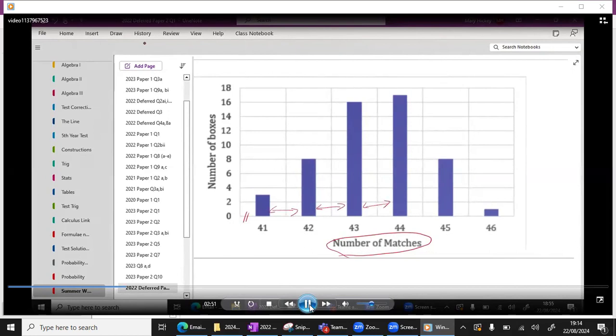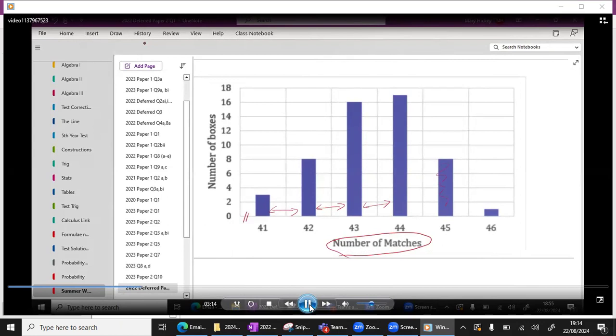If, for example, let's say there were no boxes that had 45 matches, would you still include the 45? Yes, you would, but there just wouldn't be a bar there. You'd still include the 45 and then leave a gap.